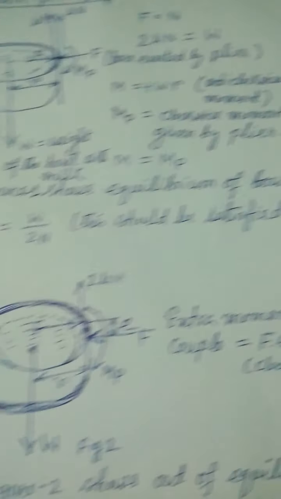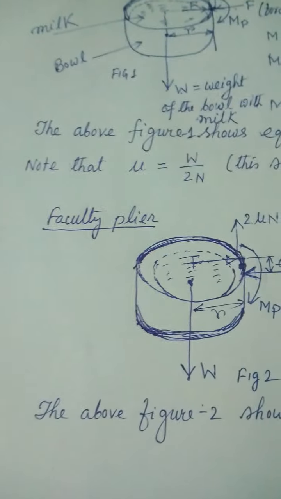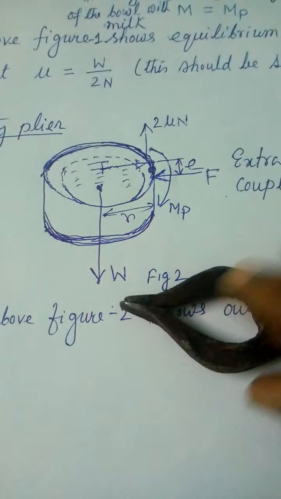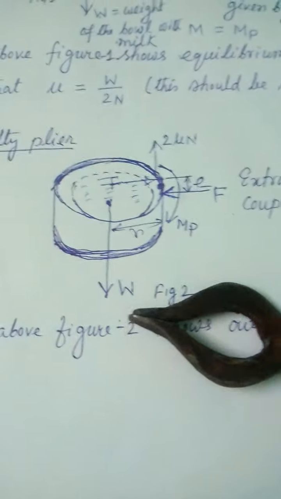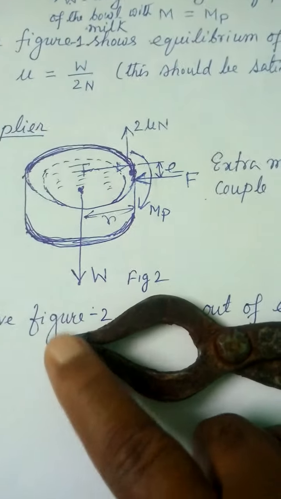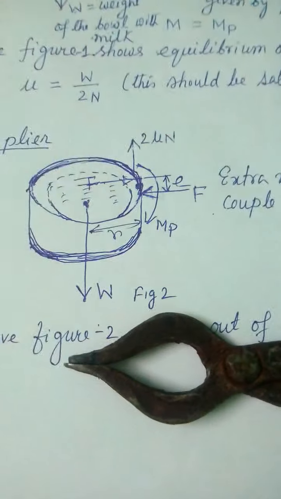It should be satisfied. Now, when the plier is faulty, what I mean by a faulty plier is this: when you put these together, the plier will be in matching.